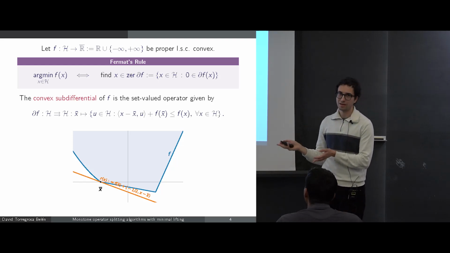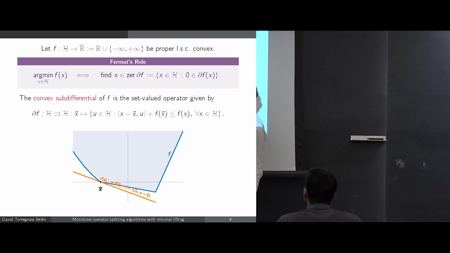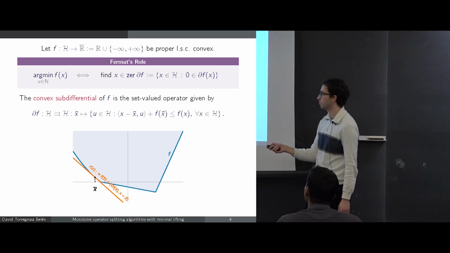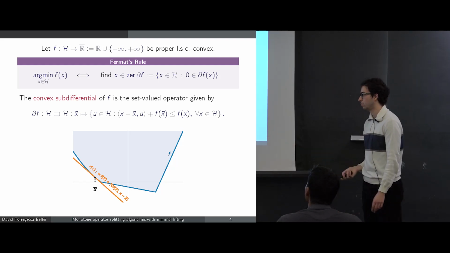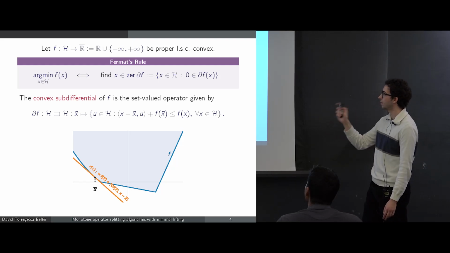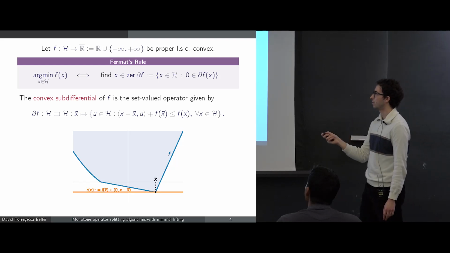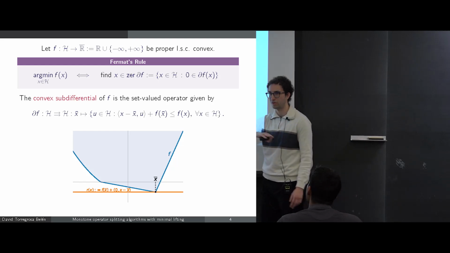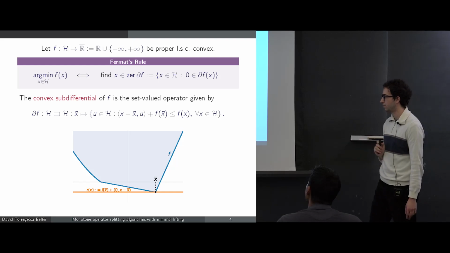And then this generalizes the gradient also, because if, for example, we go to this part of the function where it is differentiable, then the only element of the subdifferential will coincide with the gradient of the function, which is giving you the tangent line to the function. Okay? And then what Fermat's rule is saying here is that a point x bar is a minimizer if and only if you can find some horizontal hyperplane that leaves all the epigraph of the function above. Okay, so this is the idea.